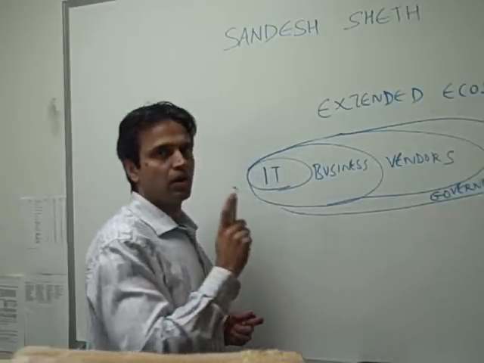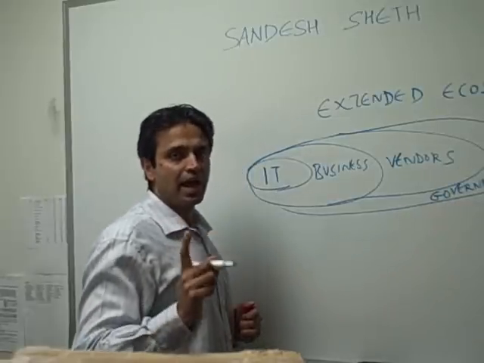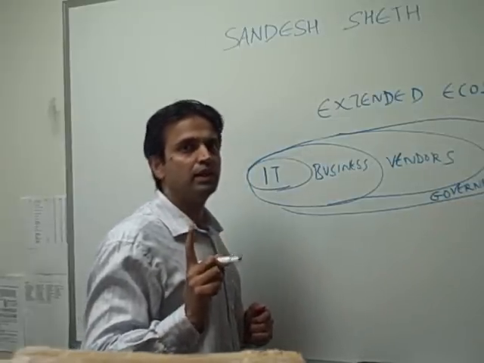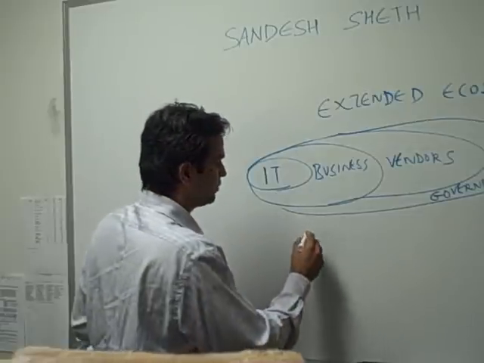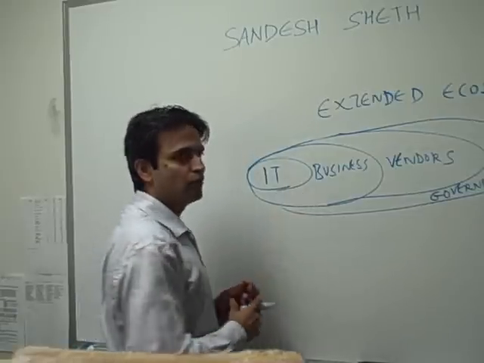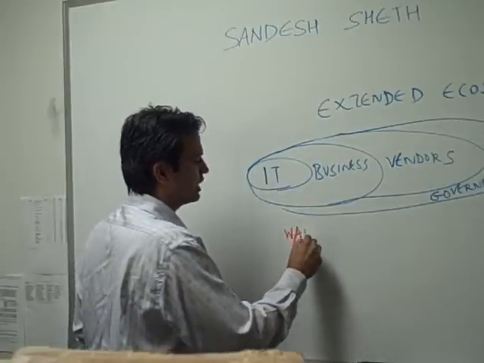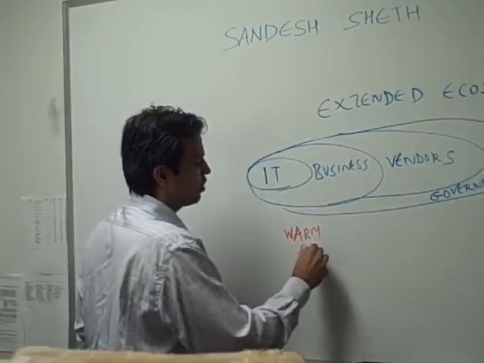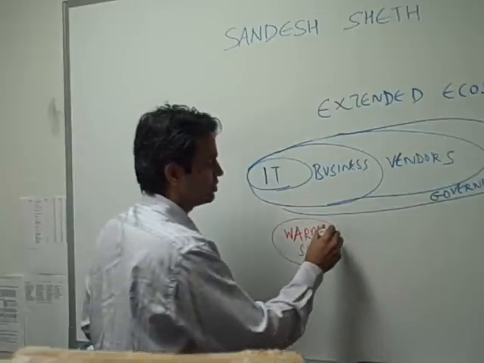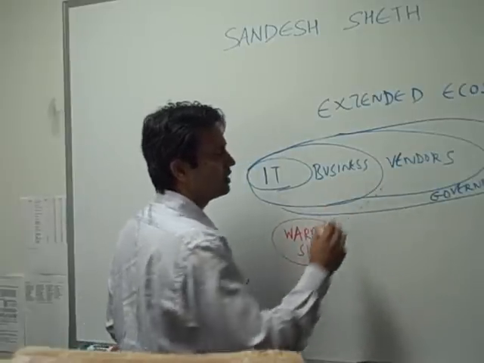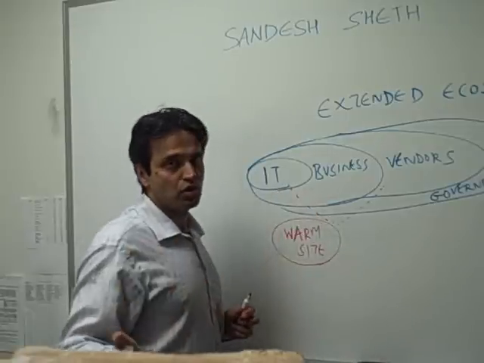The scope of an organization should include all these entities, and it will also include the other entities whose role is important in case of disaster. So in case of an IT, we would have the warm site or cold site or hot site service providers. This also actually is a vendor being used by the IT, but it is not used in normal circumstances.